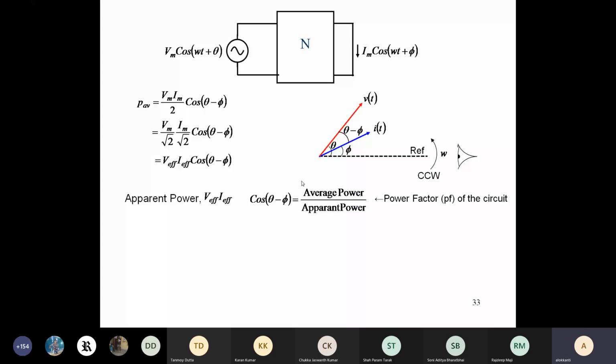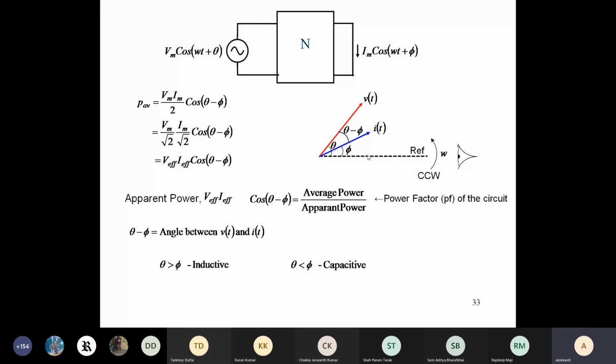So this theta minus phi is the angle between the Vt and It. If theta is greater than phi, the circuit is inductive, because the voltage is ahead of the current. If theta is less than phi, it's capacitive.